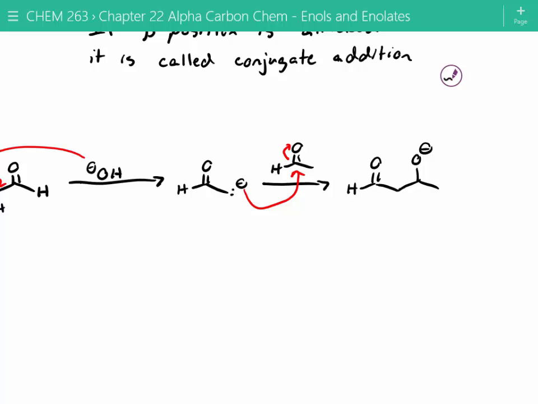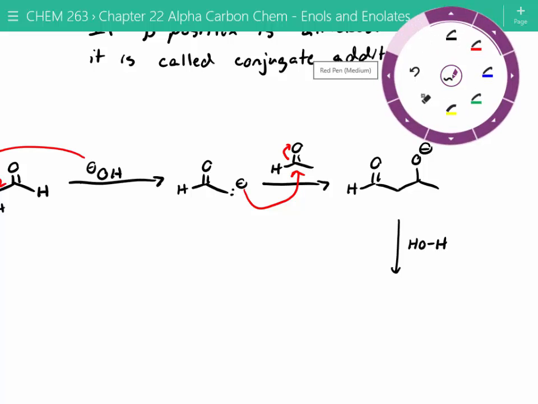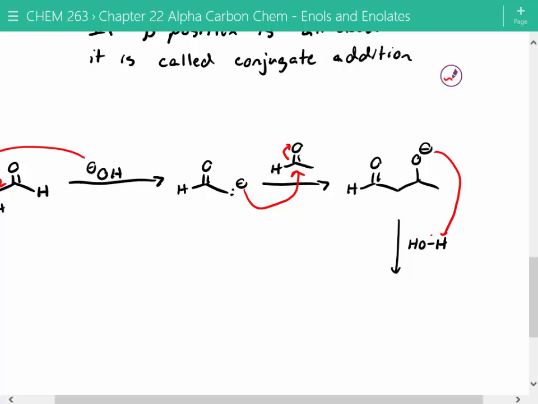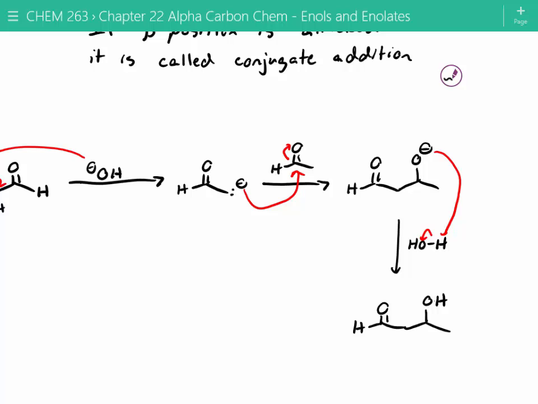And then in the next step, we can have water act as our weak acid, which can protonate our alkoxide. So this is our aldol addition, but we've also created hydroxide, and we've got some alpha protons still.